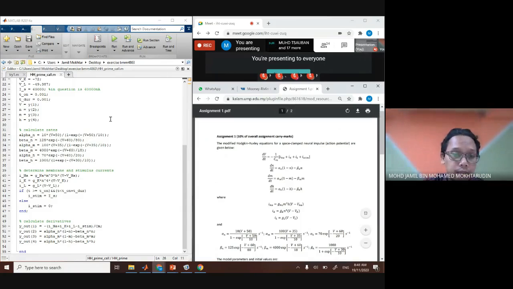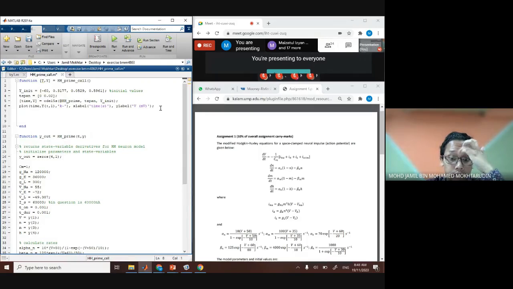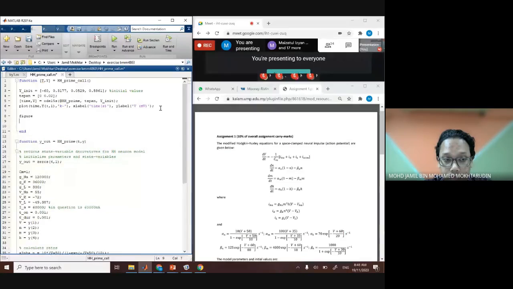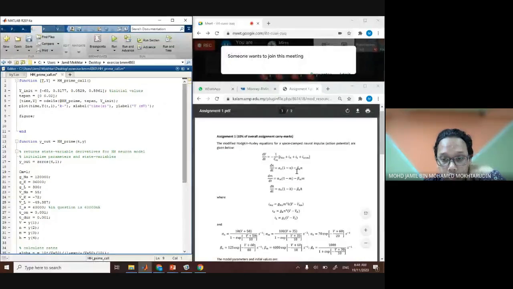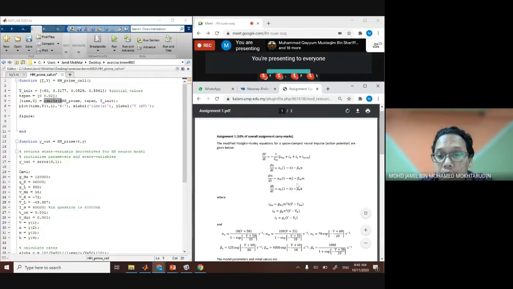Okay, so when you solve the ODE here, what you are actually solving is these four equations, meaning that you are calculating for voltage, for variable N, variable M, and variable H. So now you already obtain your value V, N, M, and H.